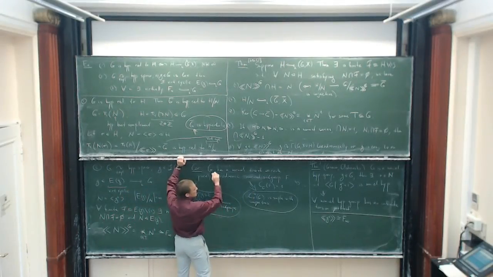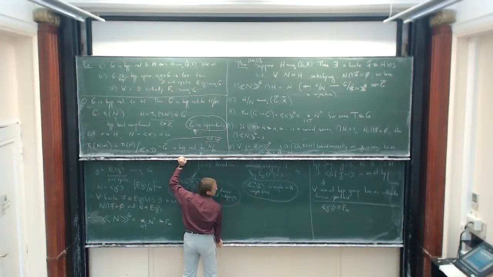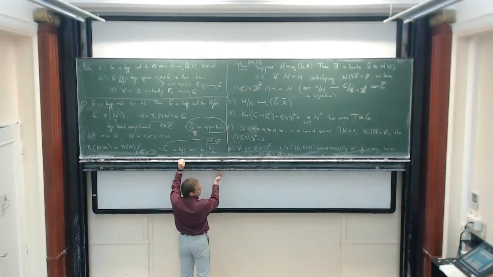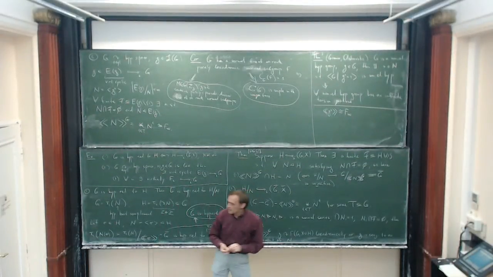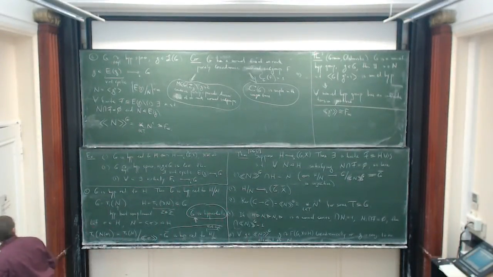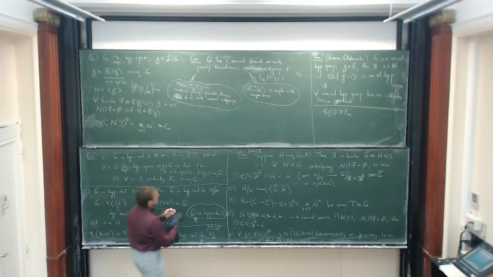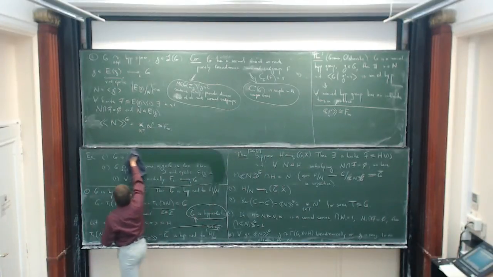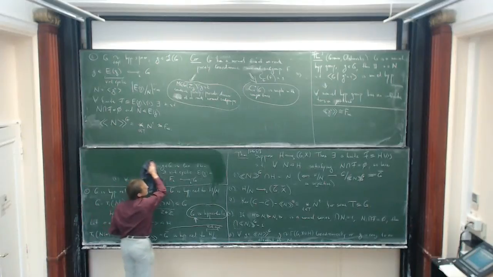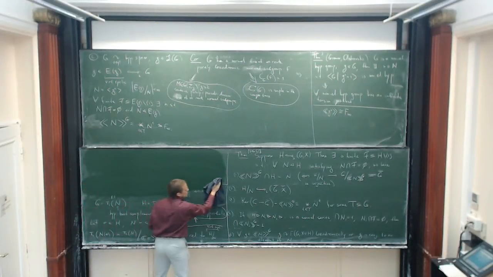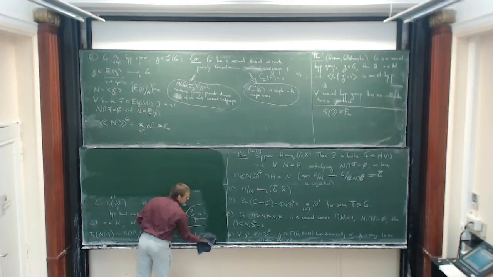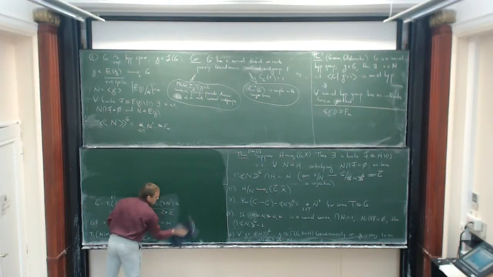So finally, I just want to mention an application to the Farrell-Jones conjecture, as I promised. The application is the following. Let's assume that we want to prove the Farrell-Jones conjecture for relatively hyperbolic groups, which is already done in the general situation.